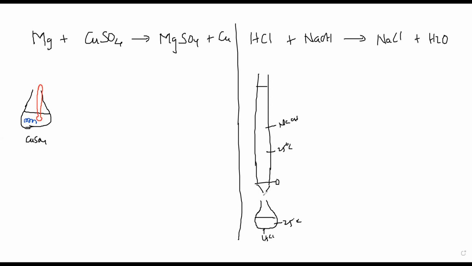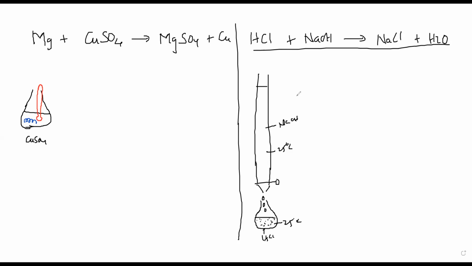Now I'm starting to add, in 2 centimeter cube portions. As I'm adding, the reaction will take place. The added NaOH drops will react with the HCl in the flask. Since this reaction is exothermic, this will result in an increase in the temperature.